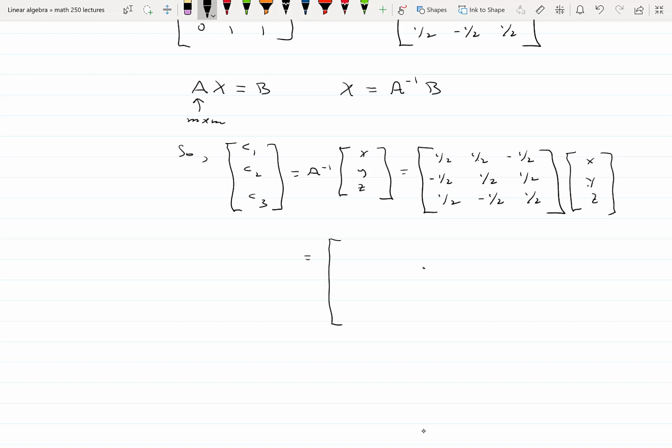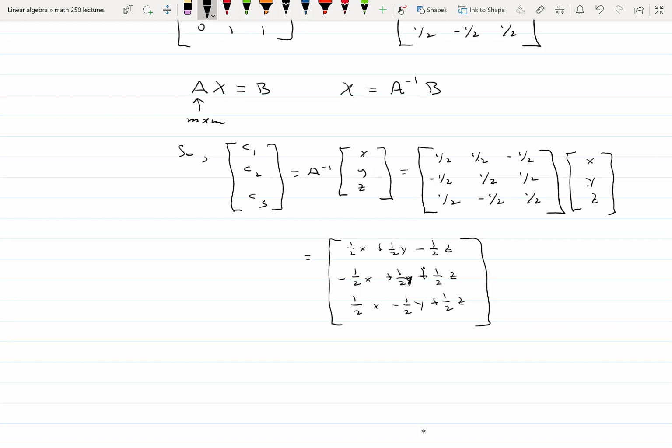Look at this. We get C1 equals 1/2 X plus 1/2 Y minus 1/2 Z, minus 1/2 X plus 1/2 Y plus 1/2 Z, so 1/2 X minus 1/2 Y. I'm trying to be very careful here because I did not have this as a written part of my lecture. But I think it's far superior to doing this by hand.